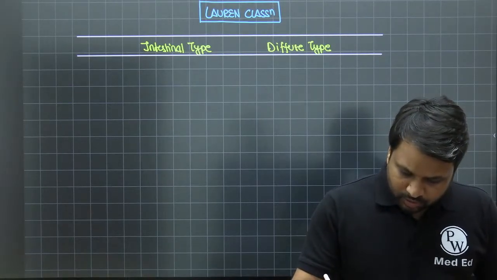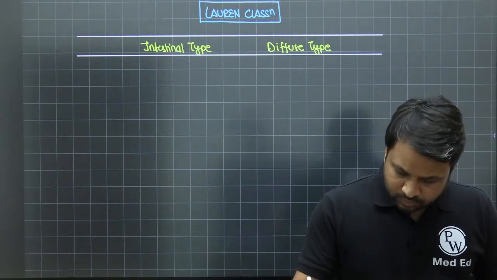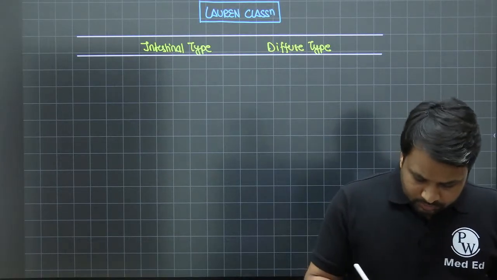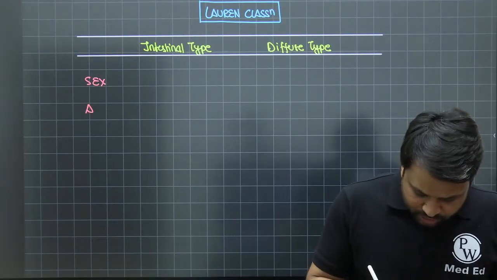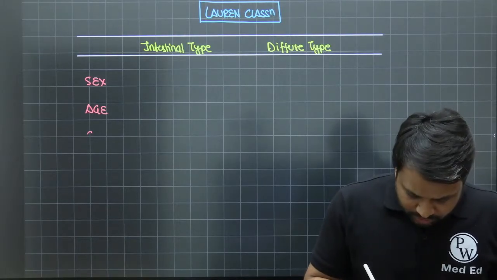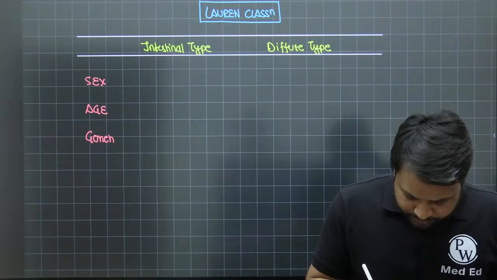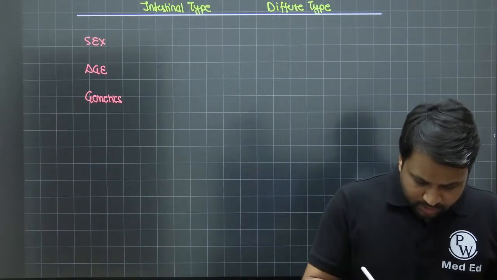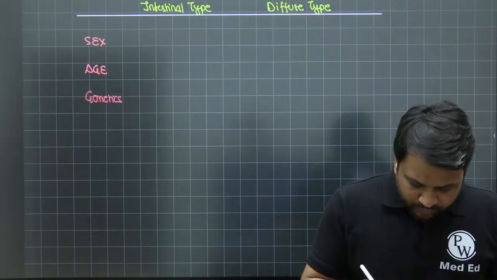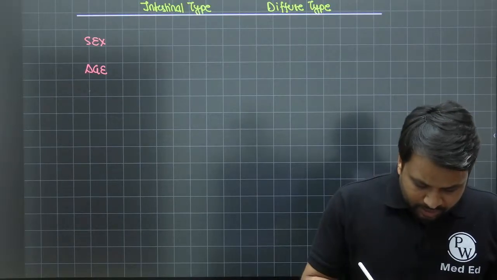We look at the following components, which is more likely to be involved: sex, age of presentation. I look for the genetics, that is the mode of inheritance, or I can say the pattern of inheritance.